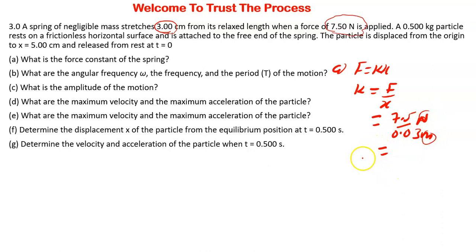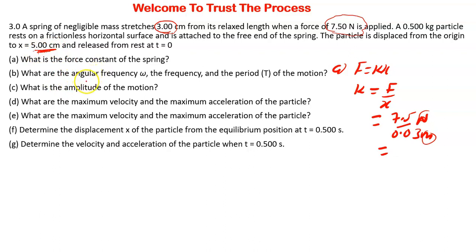So that is it. The next part of the question now involves a particle being attached to the spring. After it is attached, it was displaced by 5 centimeters. Since this is the furthest the particle was displaced, we can also call this our amplitude.